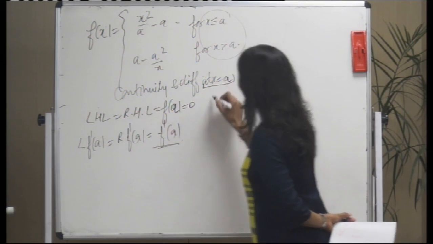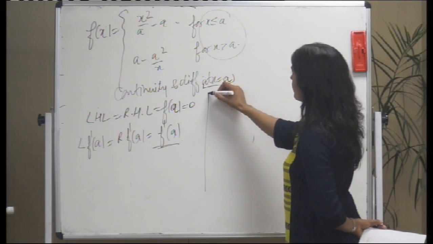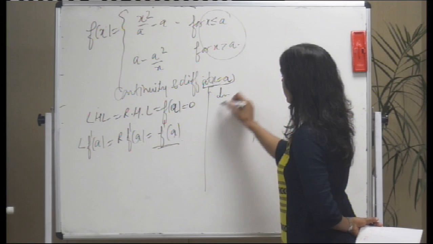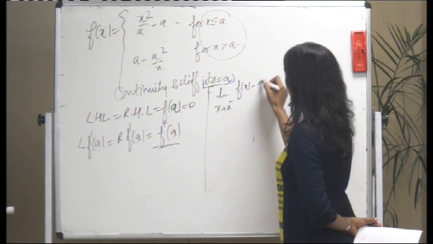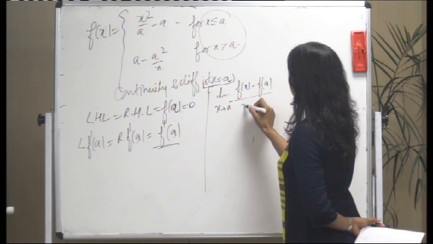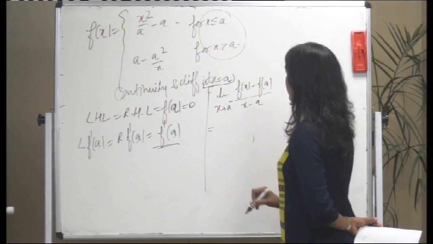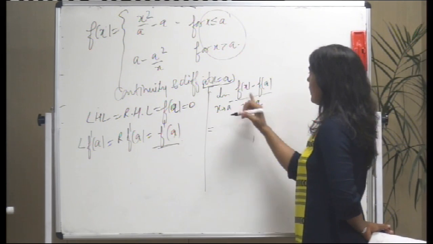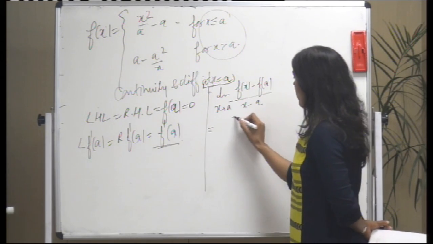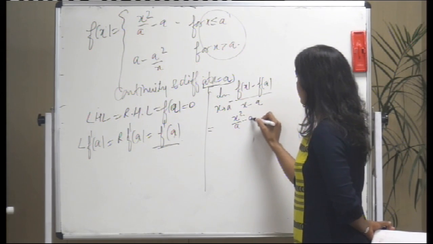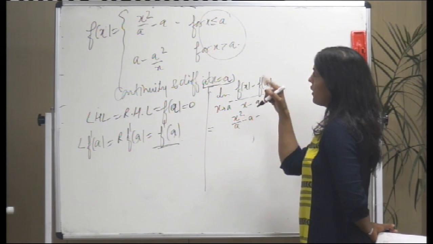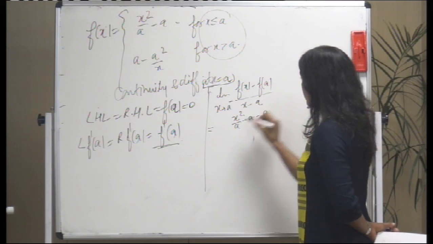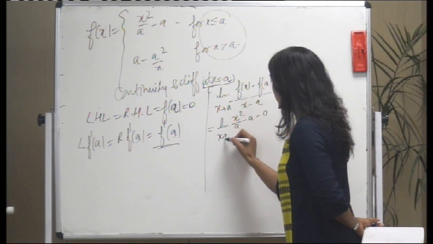Okay, so the left hand derivative will be the limit as x extends to a minus of (f(x) minus f(a)) upon (x minus a). So f(x) for less than values is x square upon a, minus a square upon a, f(a) is 0, limit x extending to a minus.